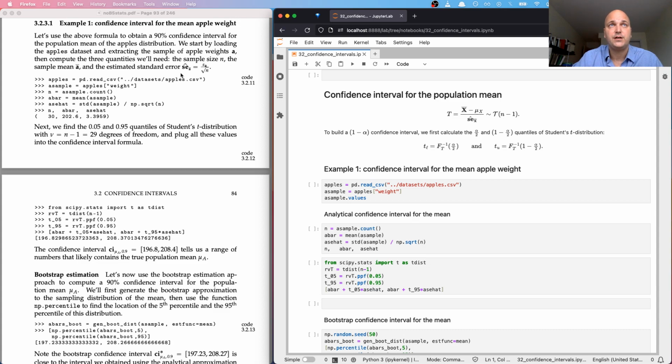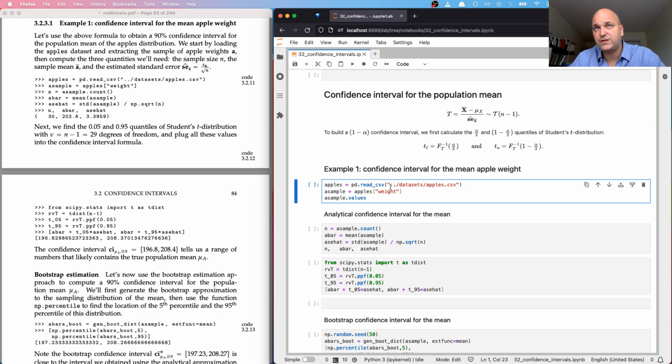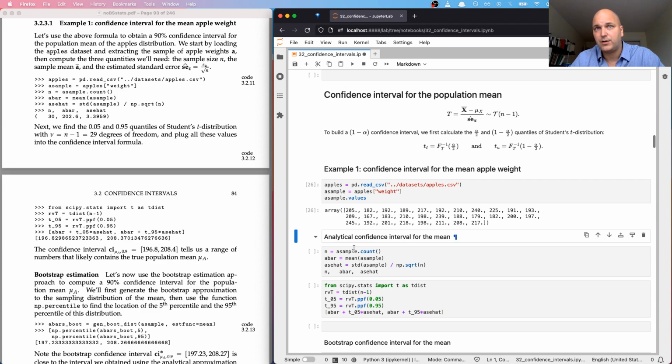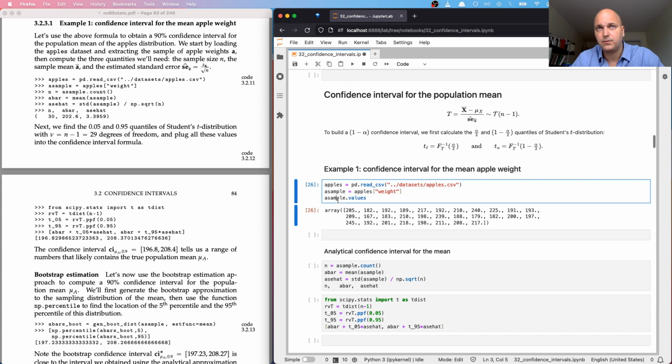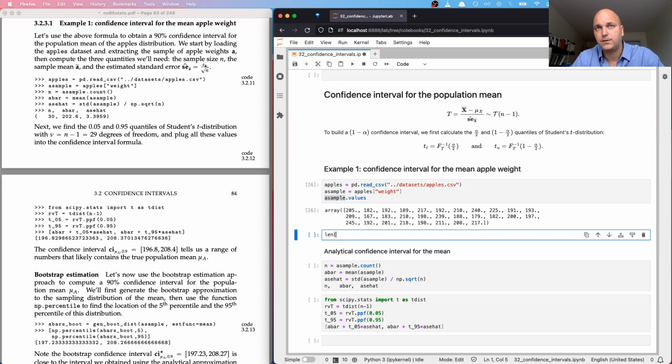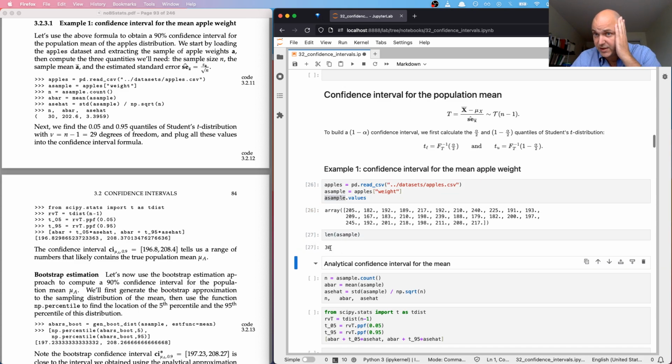We have the apples dataset, which contains 30 observations. So we have a sample of size 30 from an apple orchard.